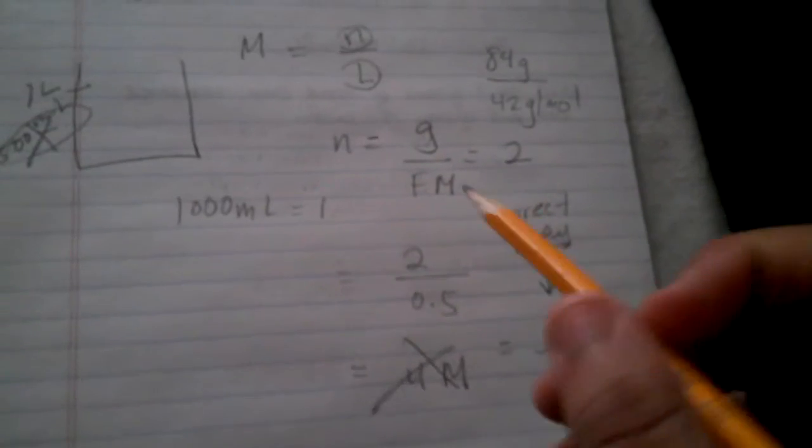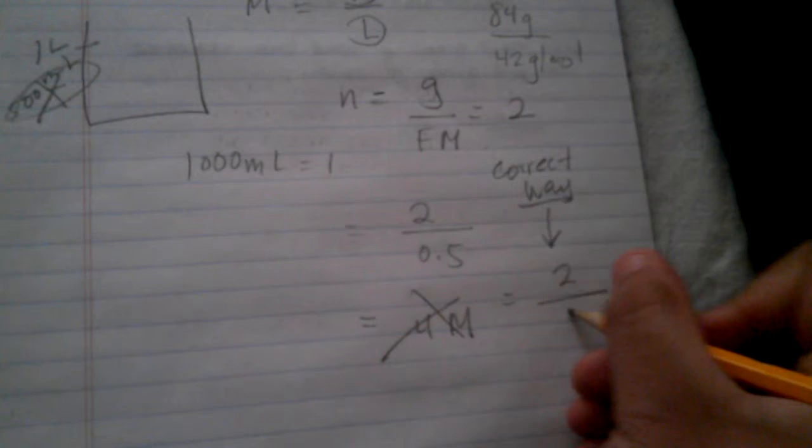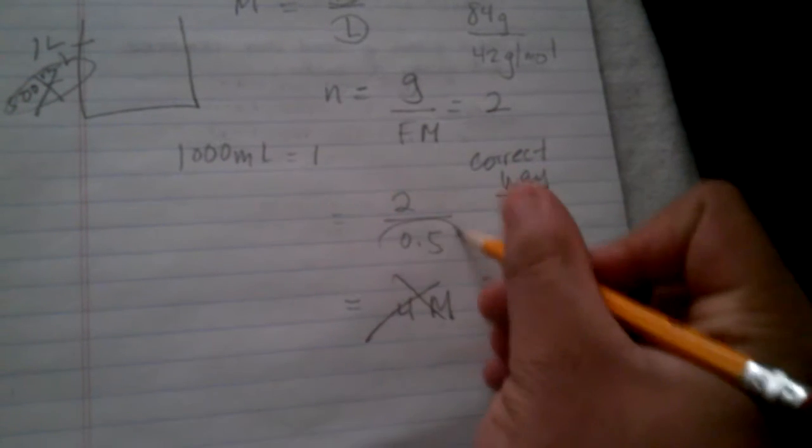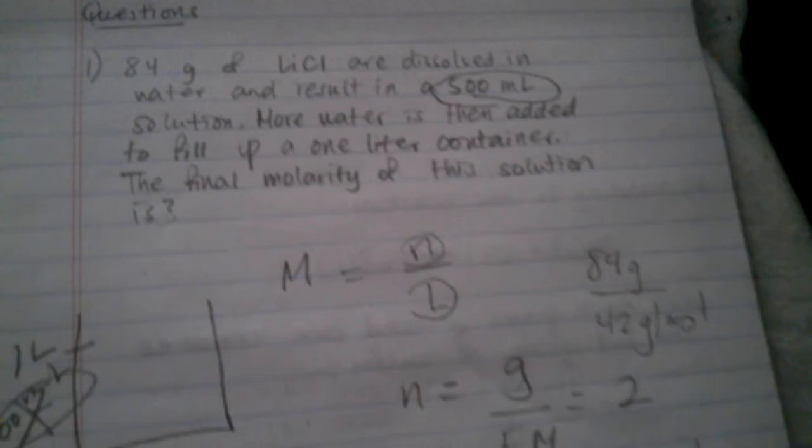We have the moles correctly because we established the formula mass of lithium chloride and we established the 84 grams. But we only have to divide by 1 liter because it says it's already filled up to a liter. So there's no need to convert anything. So the correct answer is a 2 molar solution of lithium chloride.